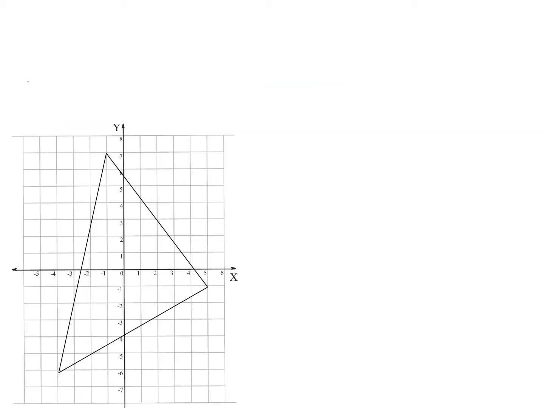Now we'll look at the next example. And again, we're finding perimeter and area. And we'll start with the perimeter. Once again, our first step is to draw those right triangles to connect and create the hypotenuse.